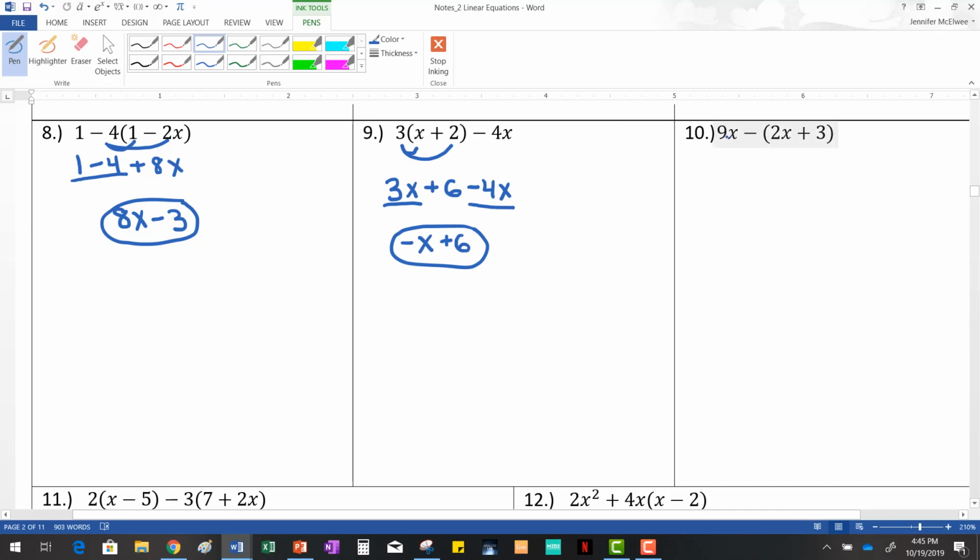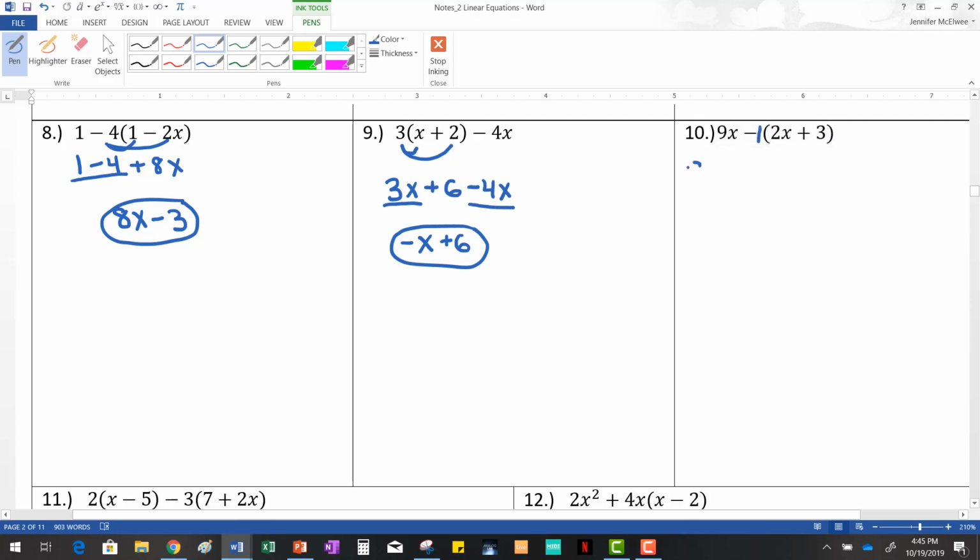Number 10, 9x minus the quantity of 2x plus 3. In this problem, I have to keep in mind that I'm subtracting an entire quantity. I'm going to have to distribute. But what number would I distribute? Certainly not the 9x. It's not being multiplied by that sum. So I'm going to put a 1 here. This is 9x minus 1 times the quantity of 2x plus 3.